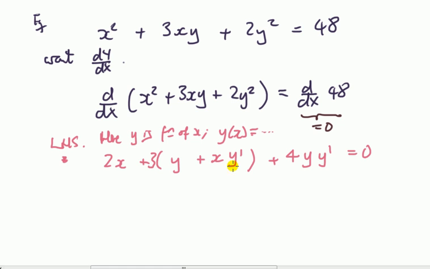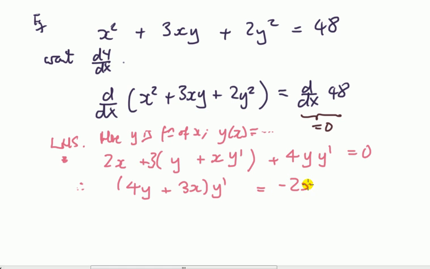Now we just solve this. So let's gather together the y primes. You can see that that is 4y there, therefore 4y, and then we've got a 3x here, 3x, and that is y prime. And then we take everything else to the other side.